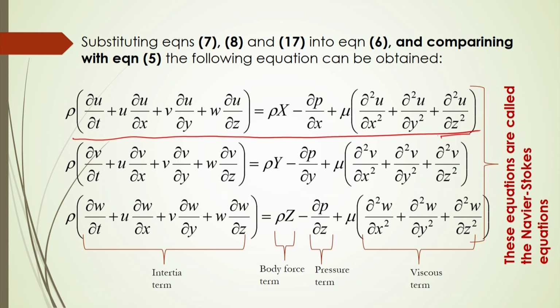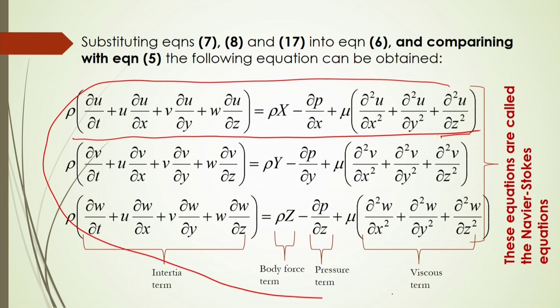This whole equation is called the Navier-Stokes equation. These equations are used for assessing different fluid motion in viscous flow. And these equations have 4 components.